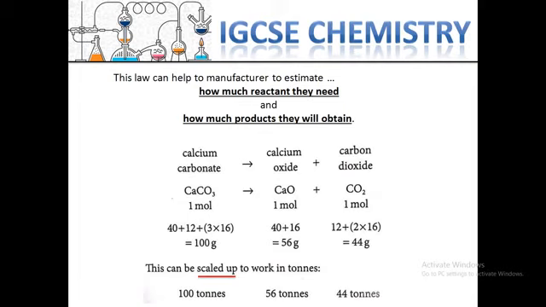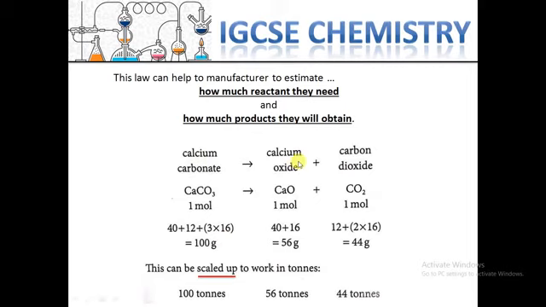The next slide shows that this law can help manufacturers in an industrial environment. People can estimate how much reactant they need and how much product they can get from a reaction.